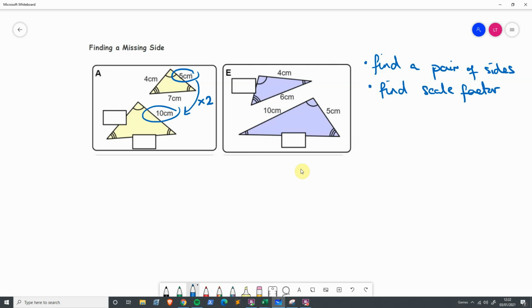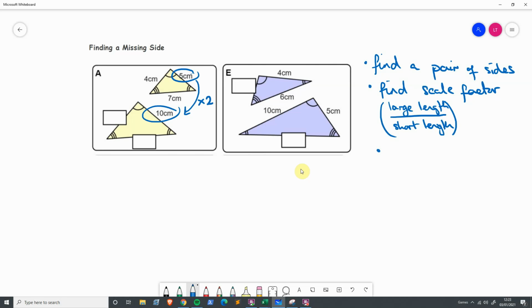If it was a bit more difficult numbers, you would do the large length divided by the short length. And as you can see on that triangle, if we did 10 divided by 5, we would get the scale factor of 2. But that's a good way to remember it if you've not got nice numbers. And then you need to, well, there's 2 criteria.